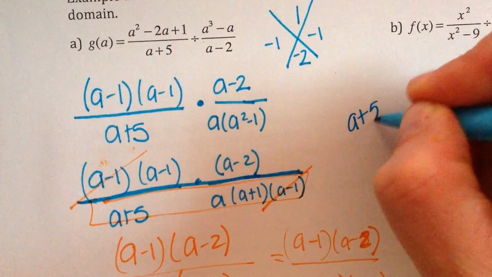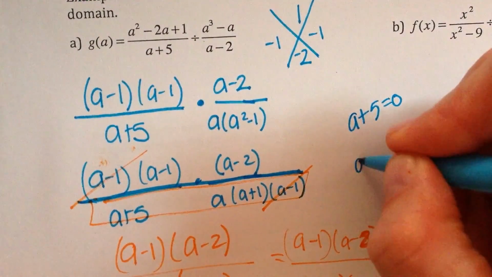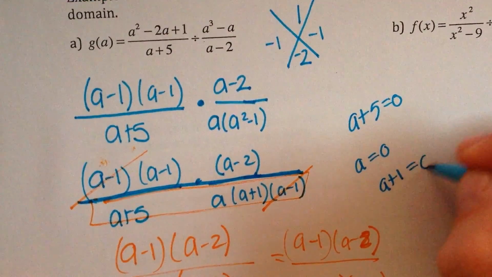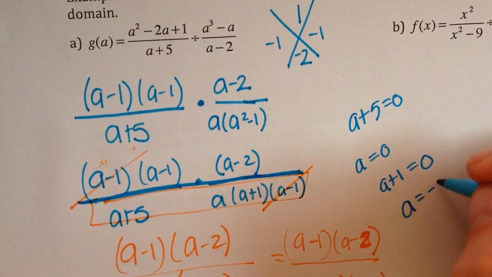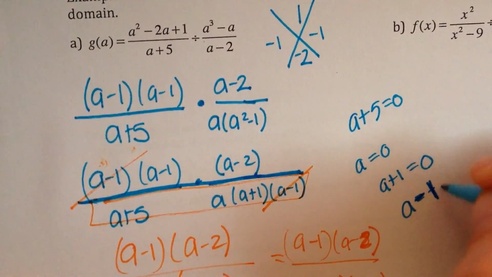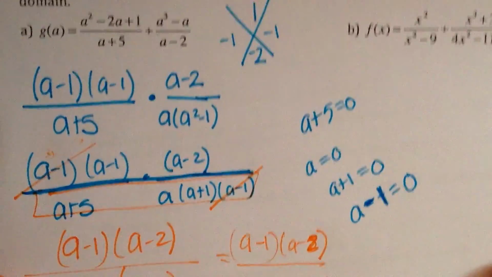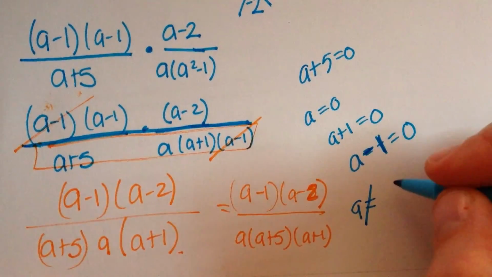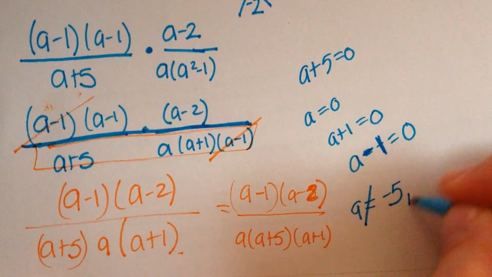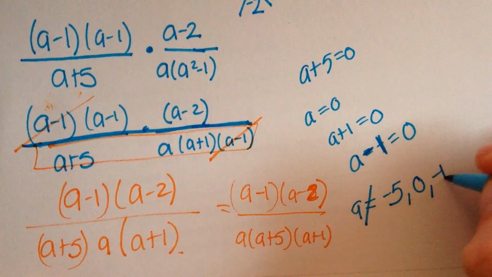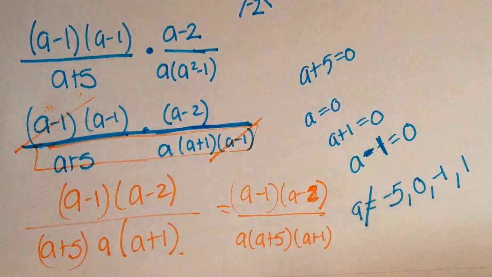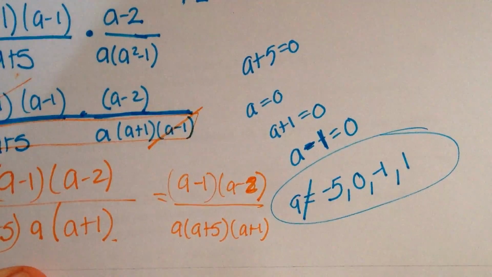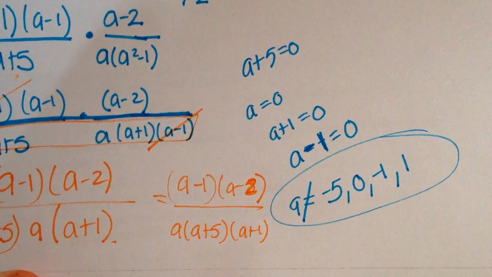So a plus 5 equals 0, a equaling 0, a plus 1 equals 0, and a minus 1 equals 0. So what can a not equal? A cannot be negative 5, 0, negative 1, and positive 1. Those would be my restrictions because if a was any of those values, then you would get a 0 in your denominator.